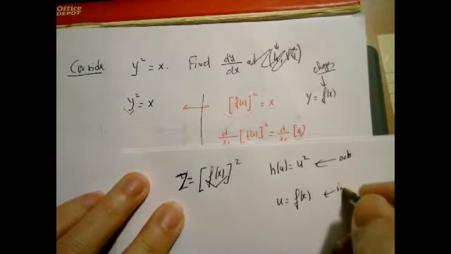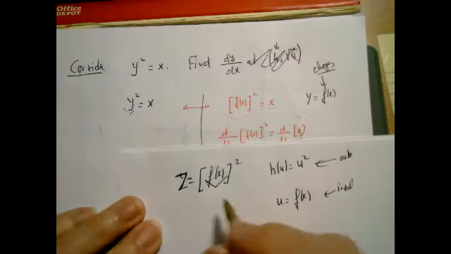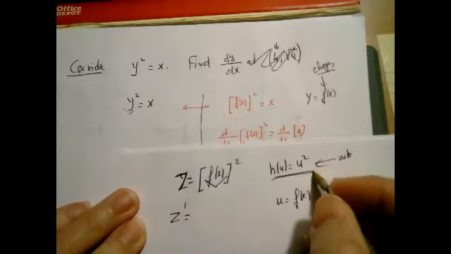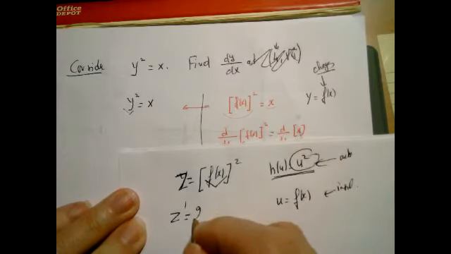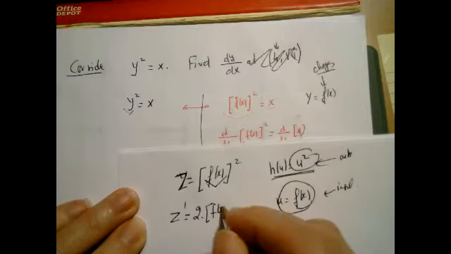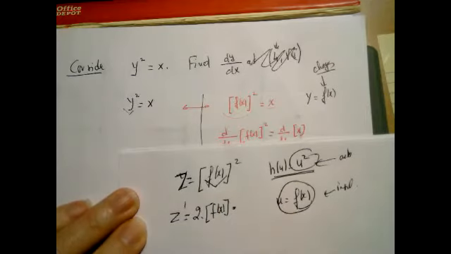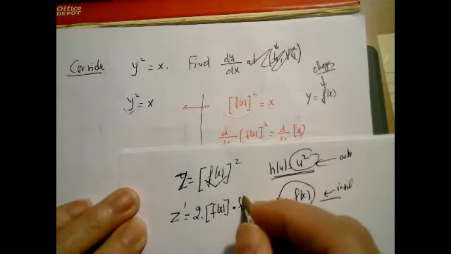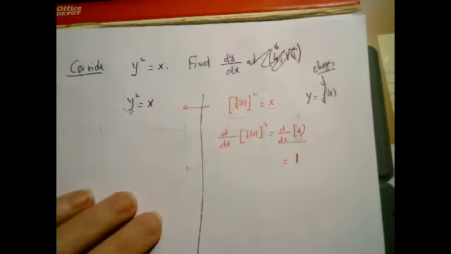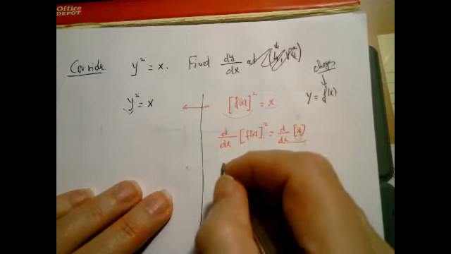And that's the inside. So the derivative is going to be equal to the derivative of the outside, it's 2u, but we evaluate it at the inside, times the derivative of the inside, which is f prime. So the derivative of this function by the chain rule is 2.